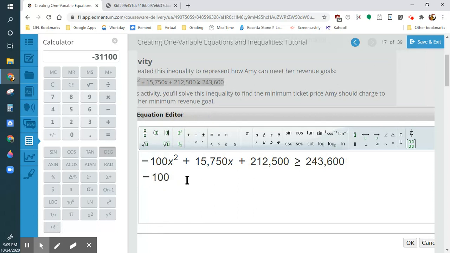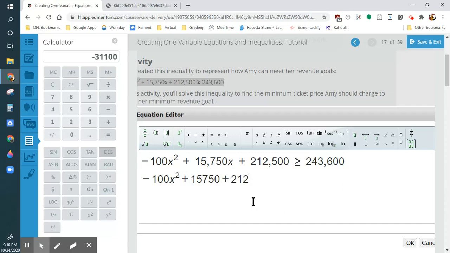Negative 100x squared, plus 15,750x, plus negative 31,100, and the greater than or equal to sign is right here. If you don't like doing control up, you can always use the little button right here.